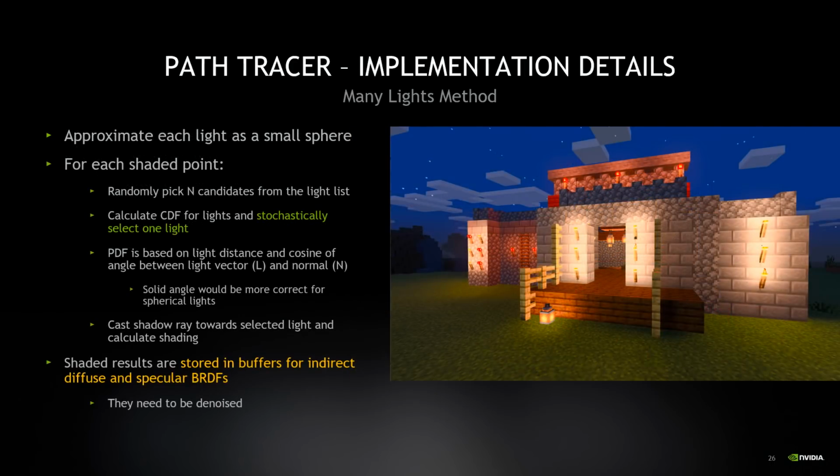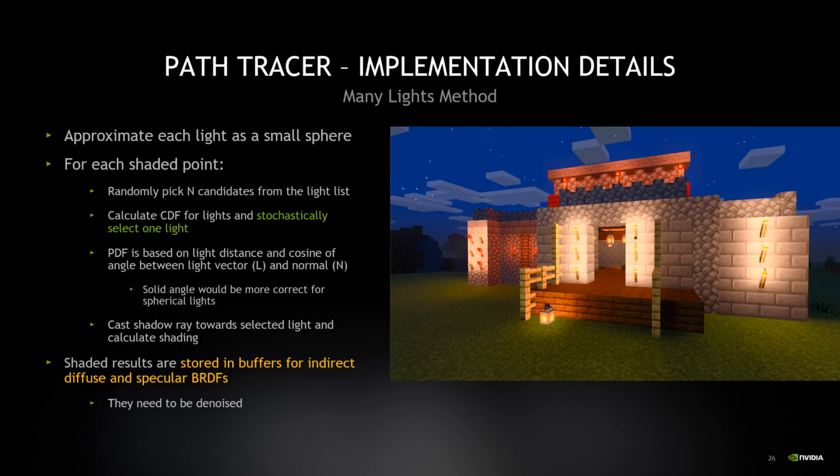Our algorithm works by randomly picking up to n candidate lights for each pixel. We use the value of n equal to 8 in our implementation. Then we evaluate the contribution of each candidate light to the shaded point as if it wasn't in shadow, because we're not shooting shadow rays yet, so we do not know if it's visible or not.